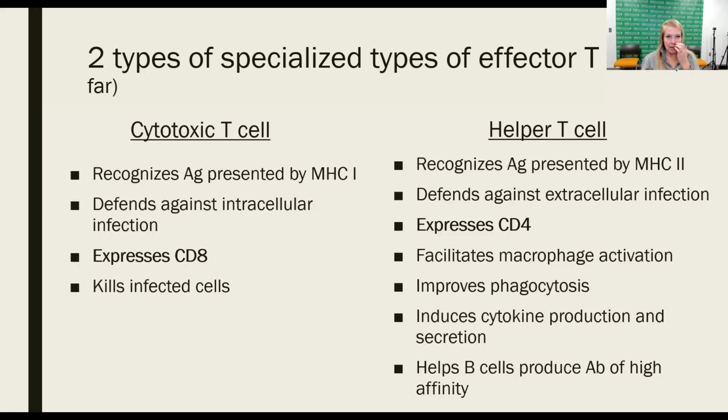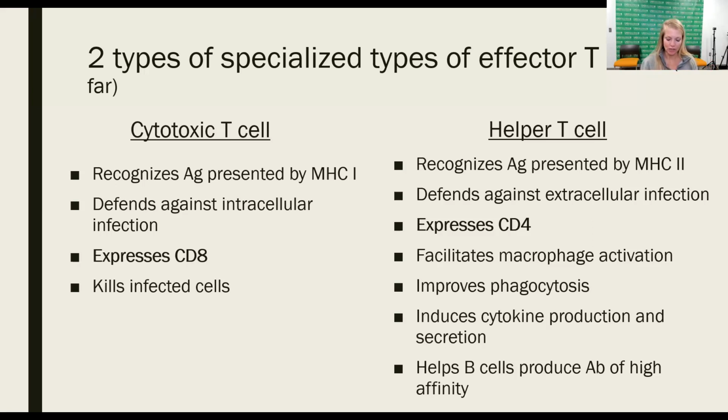They express a co-receptor called CD4. CD4 recognizes MHC class 2. Now, the functions that helper T cells have are wide-ranging because there's a lot of different types of helper T cells that we'll look at eventually.